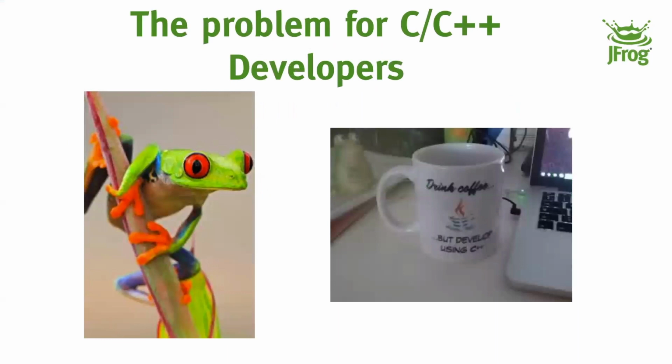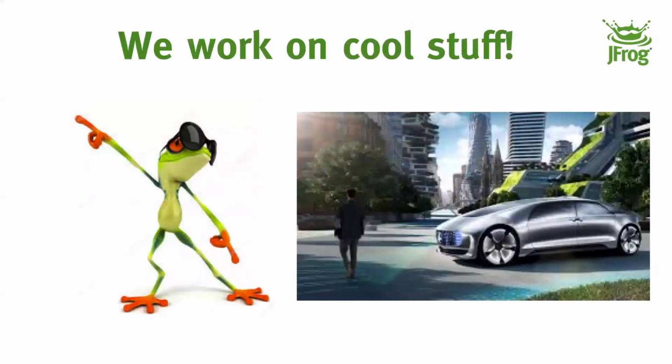But let's start from the beginning and see exactly what kind of problems C++ developers usually have. And it's quite a paradox, because those C++ libraries are based on one of the most mature languages out there, that gives very high machine performance and performs very fast calculation, faster than any other language of the industry.